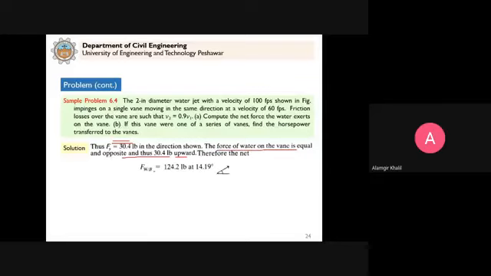So the force of water, you use Pythagoras theorem. This will be the force of water on blade or vane, that will be equal to, by Pythagoras theorem, the square root of Fx square plus Fy square.